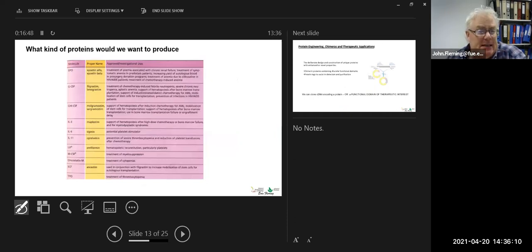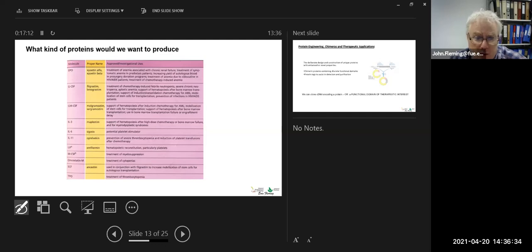Okay, so insulin is an example of a type of recombinant protein drug that we might want to produce. It is produced in bacteria, and we can independently produce the A and the B chain and then bring them together. Other examples of proteins that have therapeutic value are in a table here.